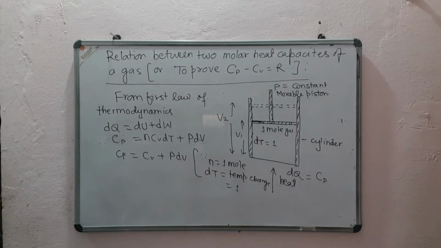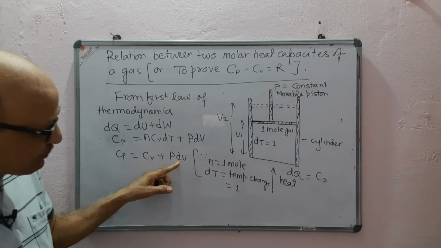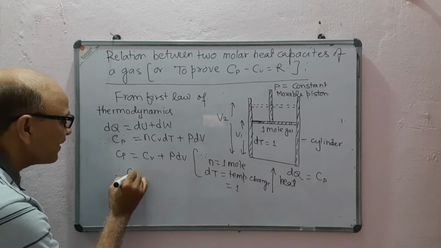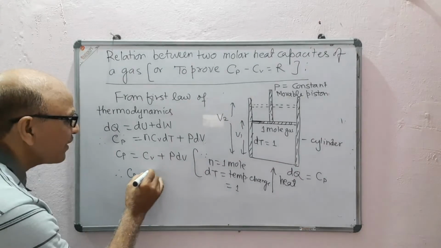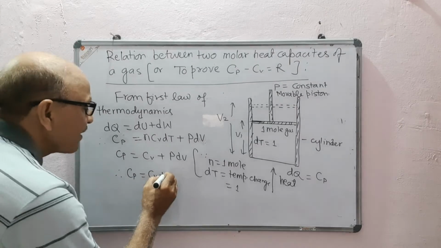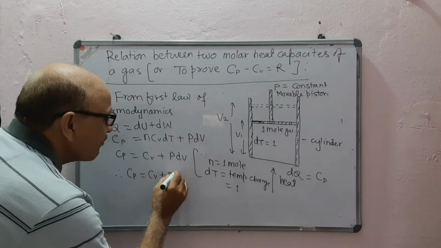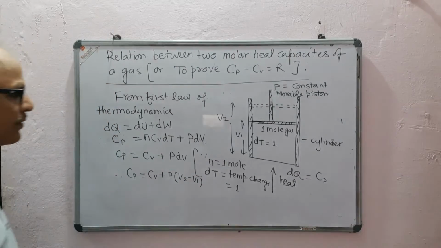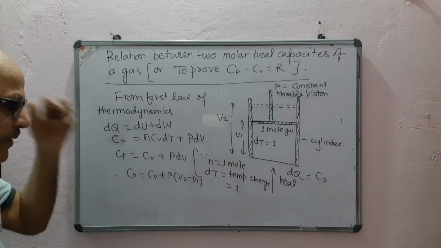Now here dV is volume change. Therefore, you can write Cp is equal to Cv plus P times V2 minus V1, where dV is equal to V2 minus V1, the volume change.